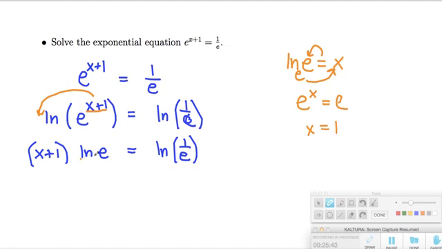So natural log of e is just the number 1, and since you're multiplying by x plus 1, that just becomes x plus 1 times 1, which is just x plus 1. So natural log of e is always just equal to 1. If you want to remember that and not go through the proof each time, you can.